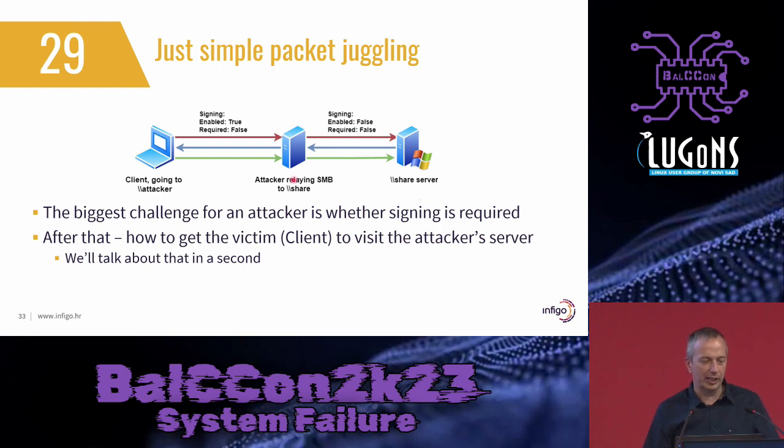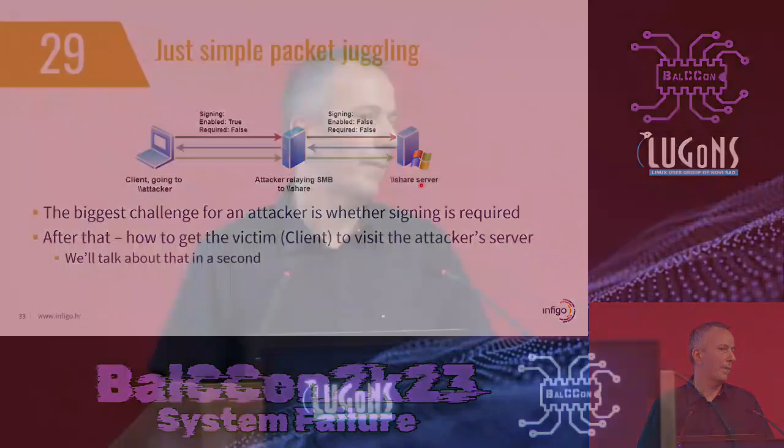All I do is just relay the challenge back to the client. The client calculates all of this, sends back to me, I relay that to the server, and if signing is not enabled, the server will say, oh, thank you very much, your password is correct, here is access to your files. And now, since the session is going over me, I can read all of your files. We'll see in a few minutes how dangerous this is, and I should be able to finish on time.